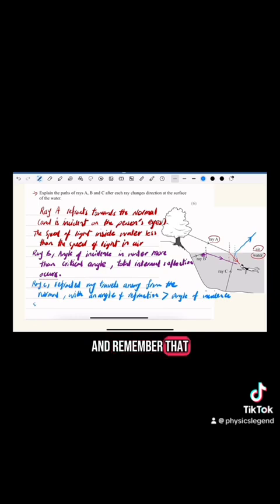And remember that the speed of light in air is more than the speed of light in water. So it's a normal refraction.